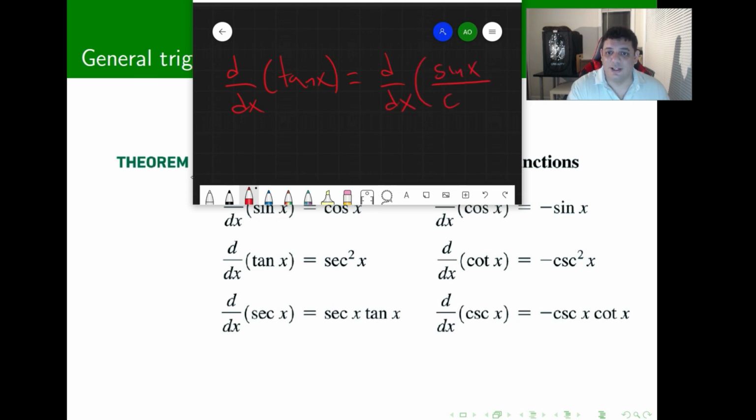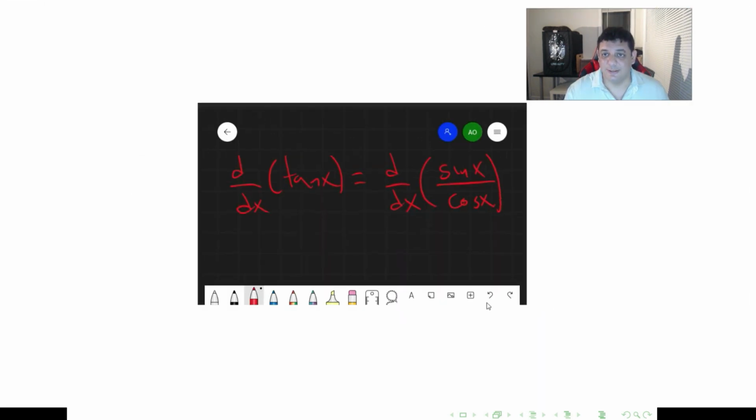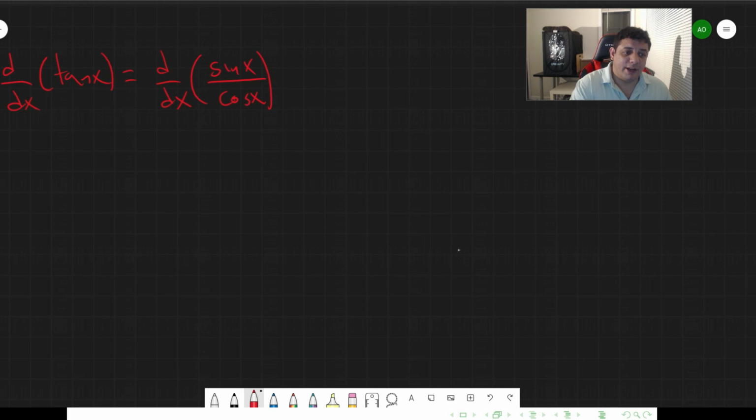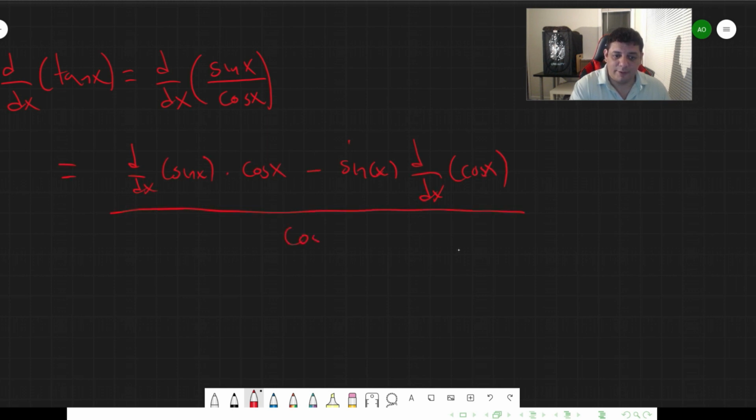So tangent is sine over cosine by trigonometric identity. And so now this is the derivative of a quotient. So we have the derivative of sine times cosine, minus sine of x times the derivative of cosine of x, over cosine of x squared. Okay.